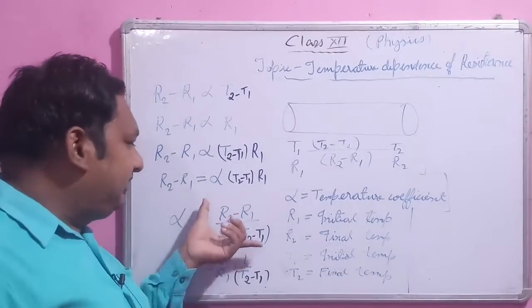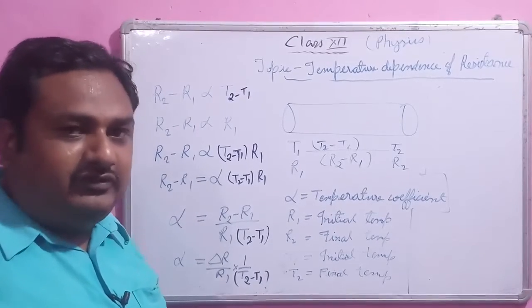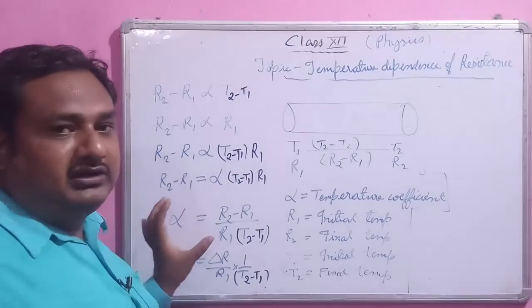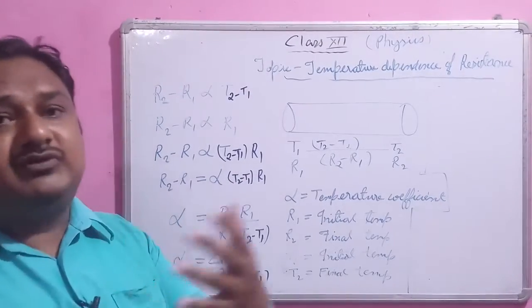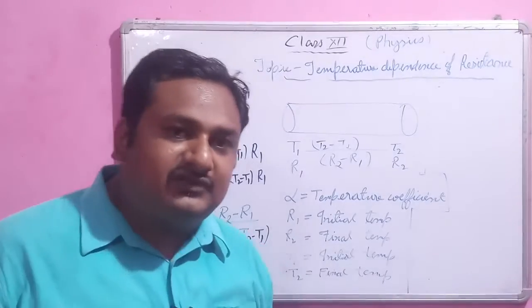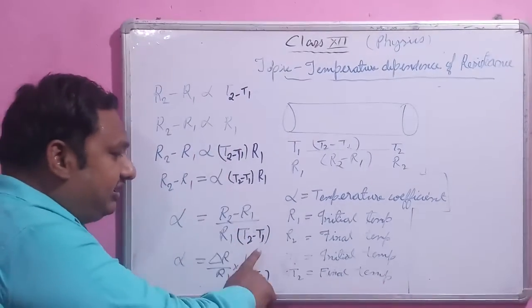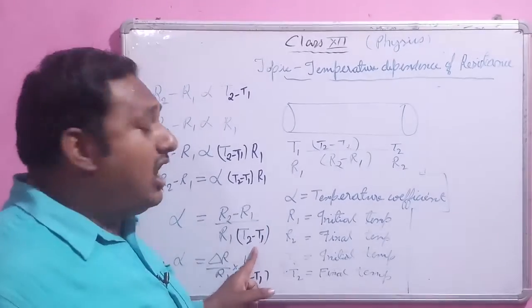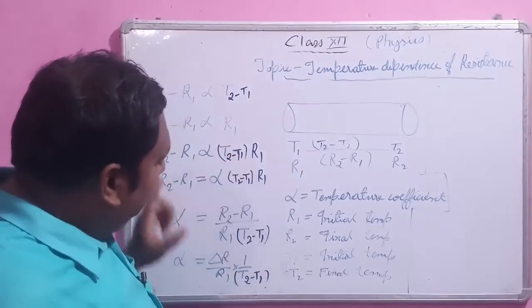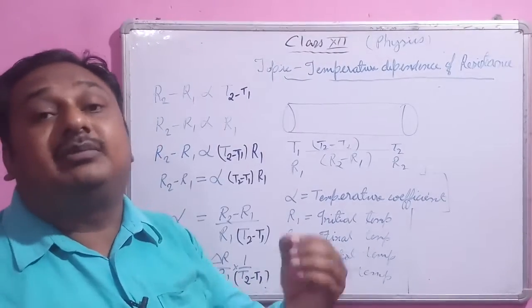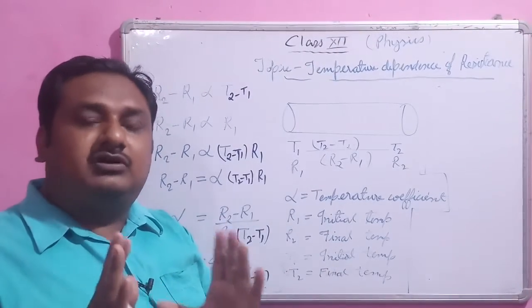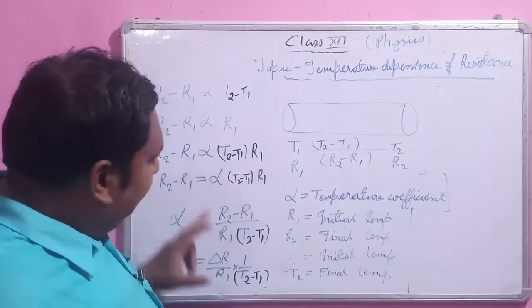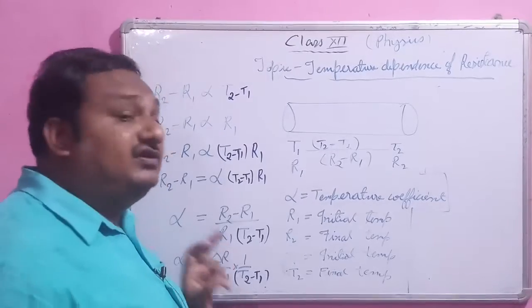Now we can interpret this result. This temperature coefficient of resistance relates the change of temperature and the change of resistance. So what does it say? With a unit rise of temperature, how much fractional change of resistance with respect to the original or initial resistance has taken place?